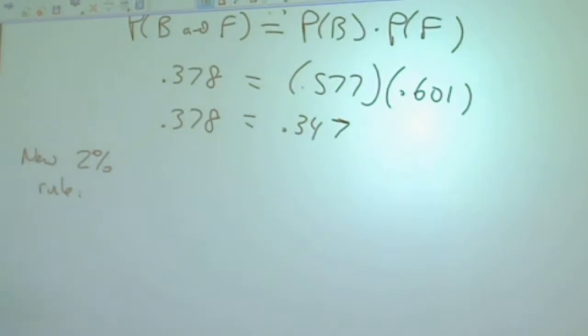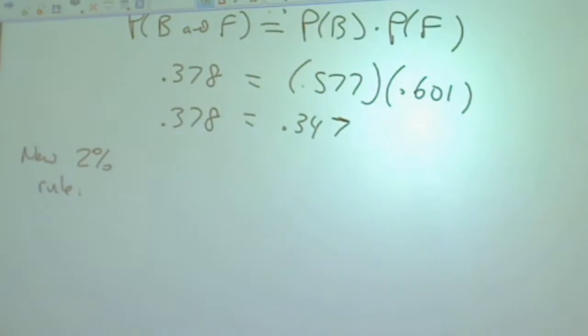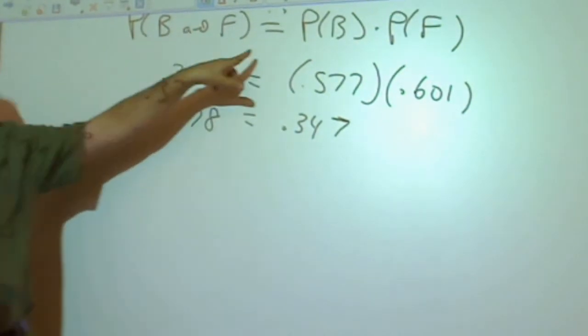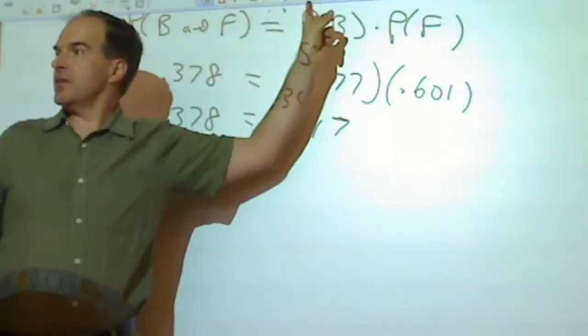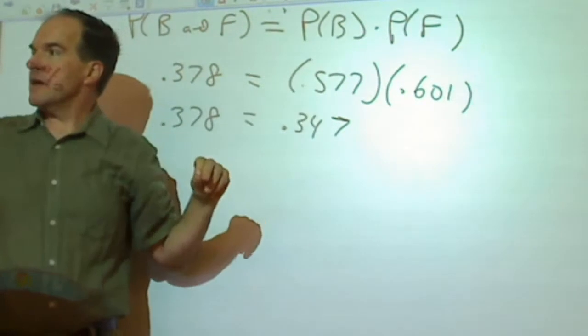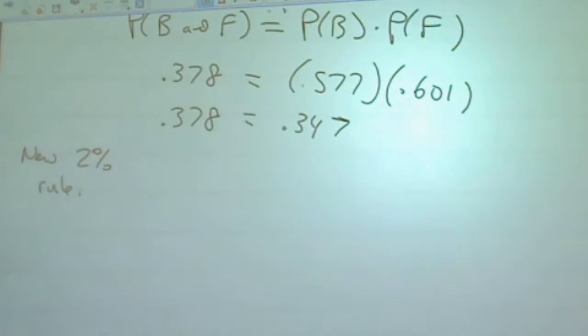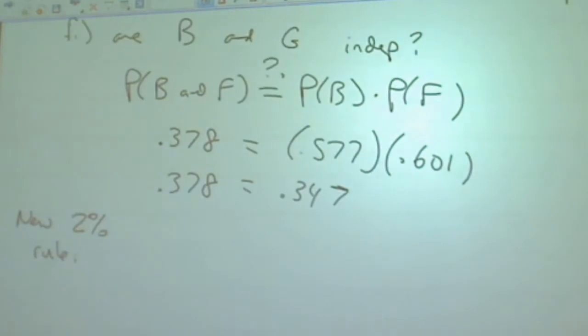This is the thing about probability. Just state your assumptions and you're claiming it. Yes, Dan. What are you comparing right there? I'm comparing the intersection with the multiplication of the individual probabilities. If they're independent, they're equal, and we're saying equals within 2% now. But if you're finding probability of B and F, isn't it the same thing? Aren't you just multiplying the two?